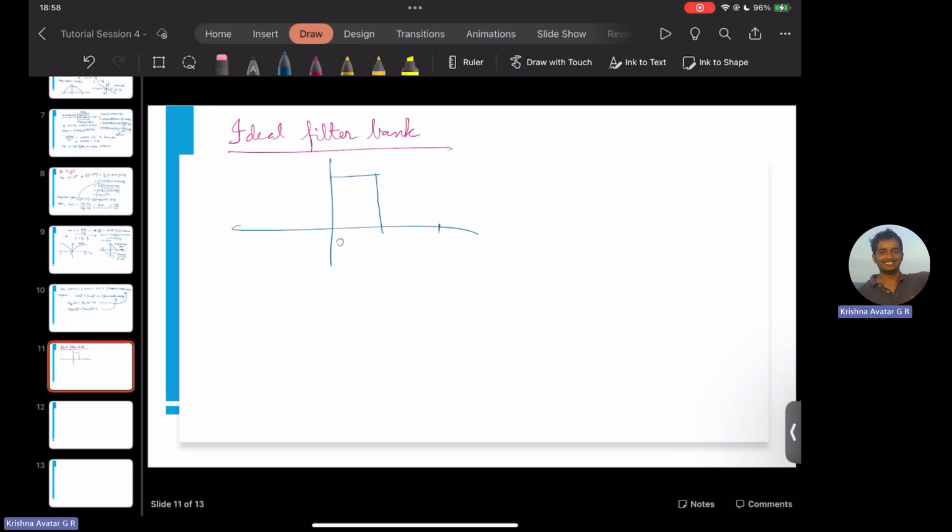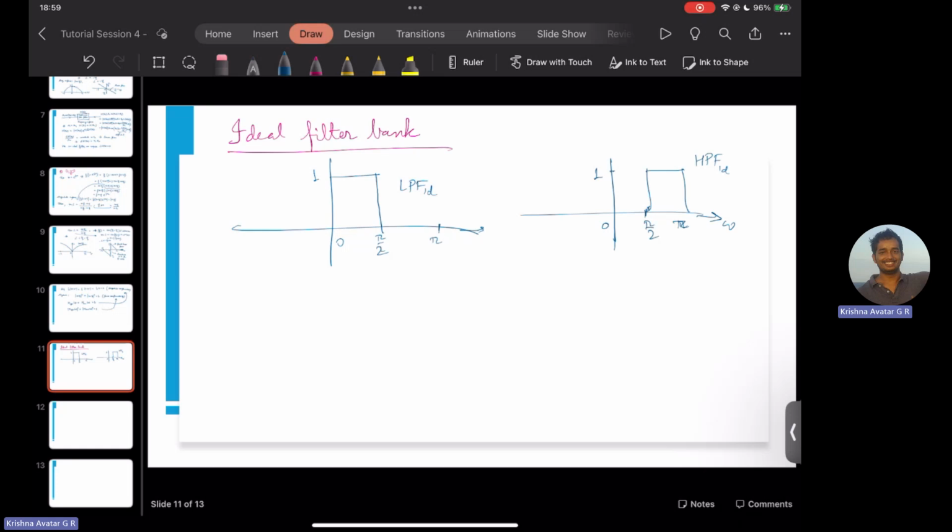One is the ideal low pass filter, LPF ideal, with cutoff at omega equal to pi by 2, and the other is the high pass filter, HPF ideal, with cutoff at pi by 2 up to pi, where the magnitude is 1 in the passband and 0 elsewhere.